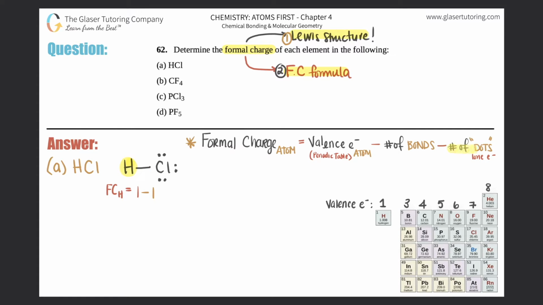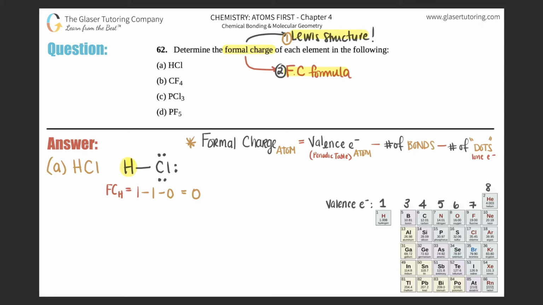And then you subtract the number of quote-unquote dots, which are just lone electrons. For hydrogen, are there any dots that you see? No. There are no lone electrons, so this would be minus 0. And now we just do the math. 1 minus 1 minus 0 is 0. And that would be the formal charge for hydrogen.